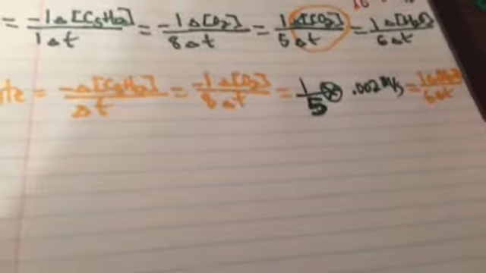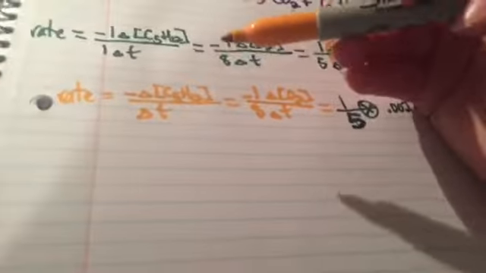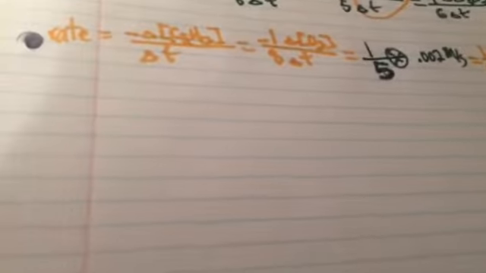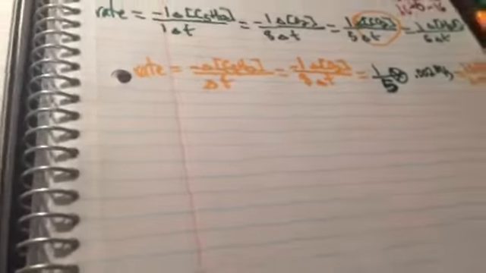Okay, so now that we've done that, we can solve for the rate of formation of this one and this one. We're going to do that one at a time.